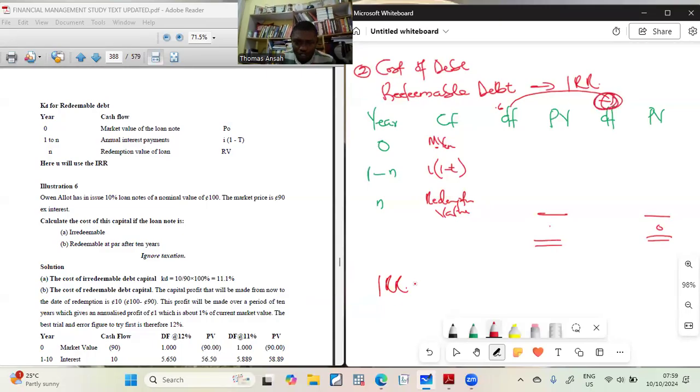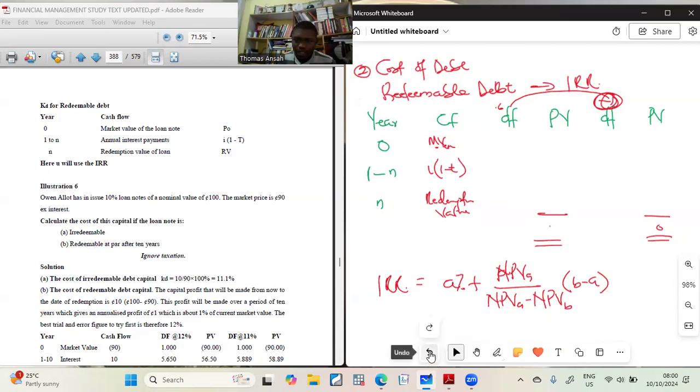But if you don't, then you are going to use the interpolation formula, which is given by A plus NPV of A divided by NPV of A minus NPV of B, into bracket B minus A. All right, and your answer should always be in percentages. So you can decide to do percentage here, whichever way you want to do it. Okay, so that is how you are going to set up your IRR and figure out the figures.